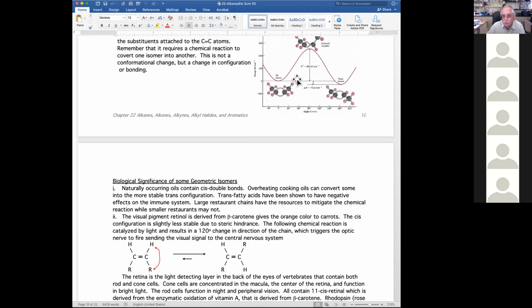So nature tends to make all cis, but if you heat it up, in other words, supply this energy of activation, then some are going to come back down this way, and when they do, they're more stable. So this is the preferred, more stable isomer in chemistry, but that's different than what you find in biology.